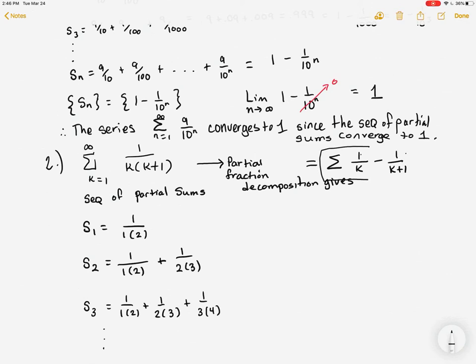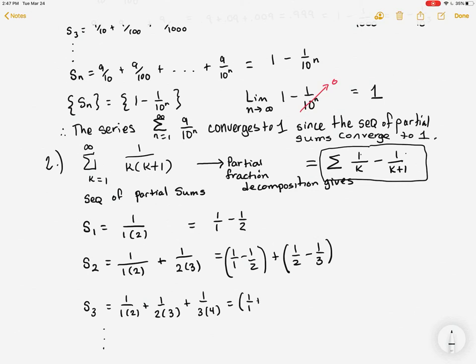If I expand the partial sums in terms of this equivalent expression, I can write S1 as 1 over 1 minus 1 over 2. And then S2 is the first term, 1 over 1 minus 1 over 2, that's S1. Now I have to add to it the second term, 1 over 2 minus 1 over 3. Now add up the first three terms.